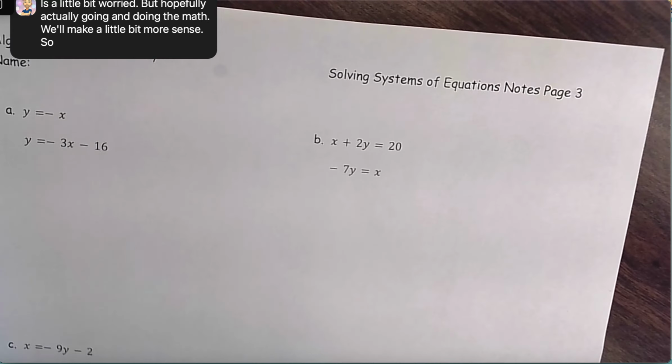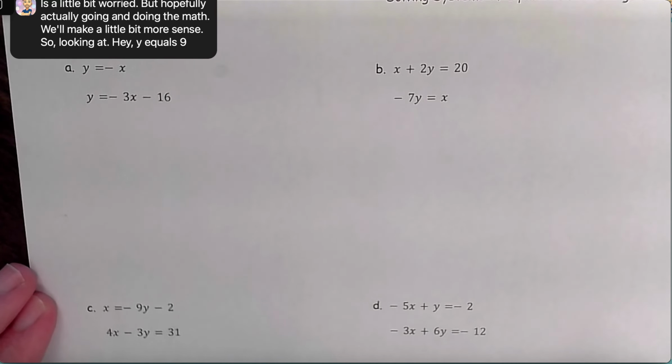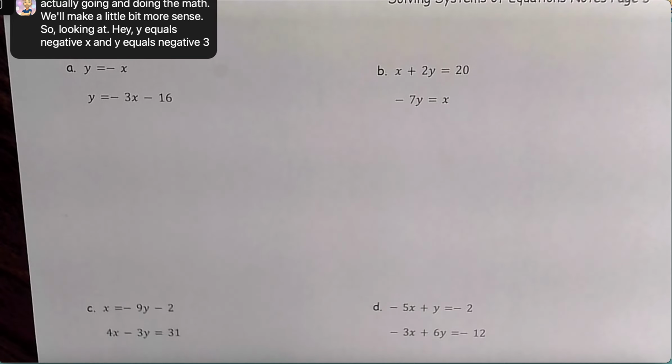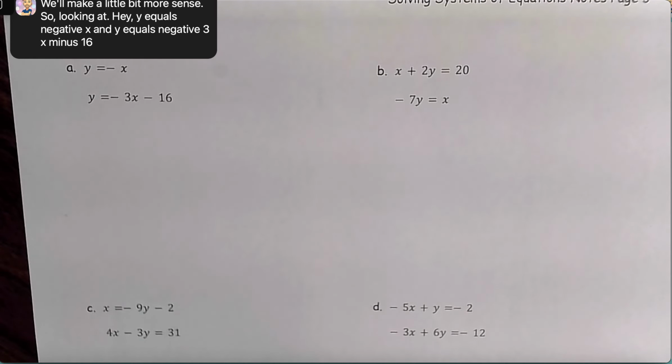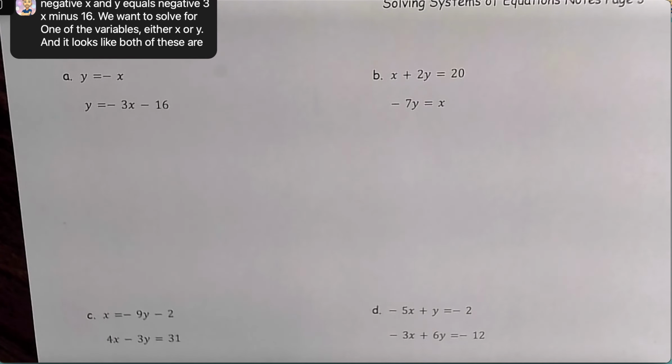So looking at A, y equals -x and y equals -3x minus 16. We want to solve for one of the variables, either x or y. And it looks like both of these are already solved for y, so that's step 1 done.